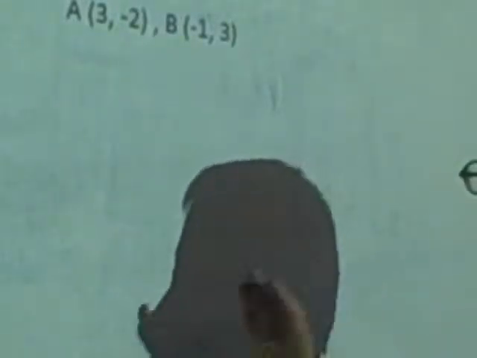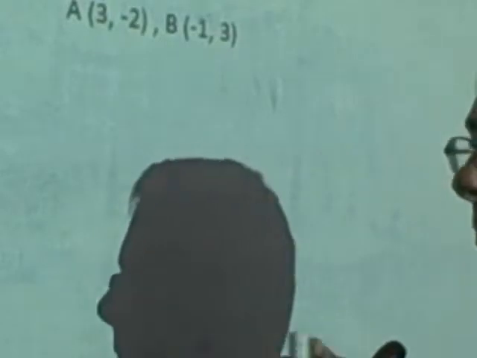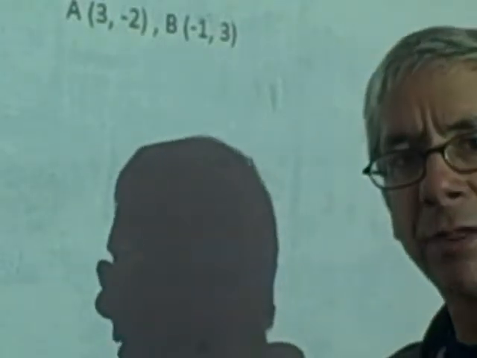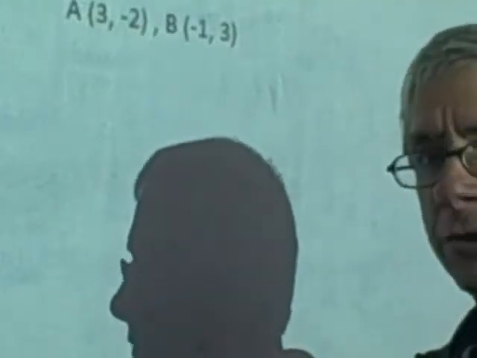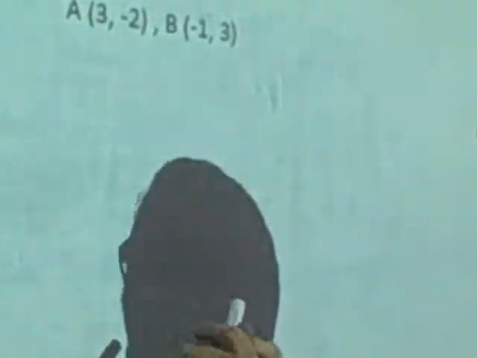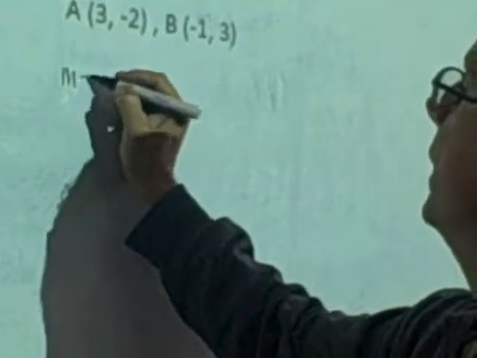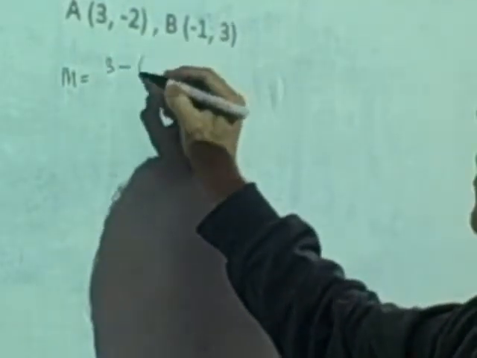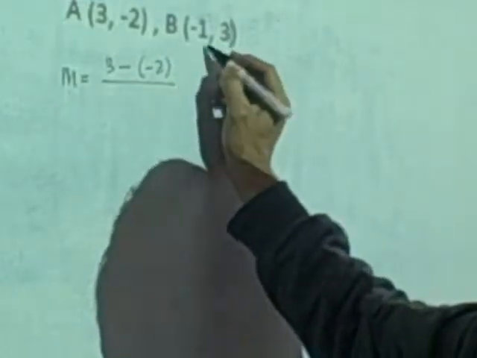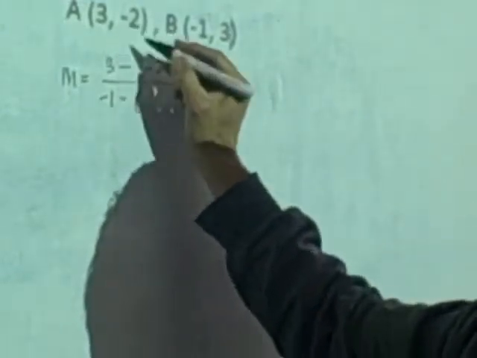First step is to find the gradient. That's going to be a continuing thing all the way through lines. The first thing you're going to want to know, if you don't already know it, is the gradient. So I'm going to use the gradient formula, y2 minus y1 over x2 minus x1.